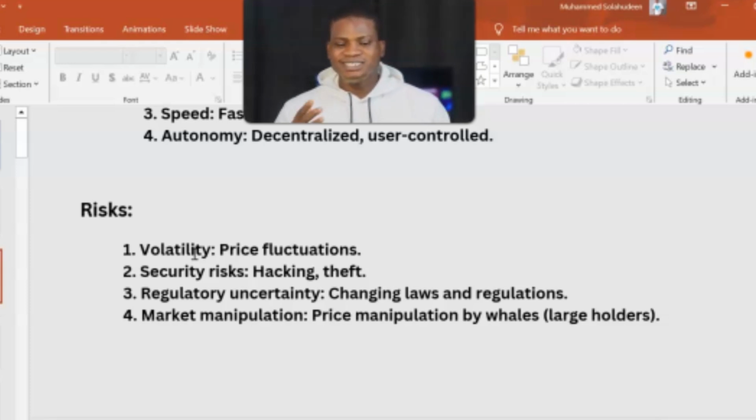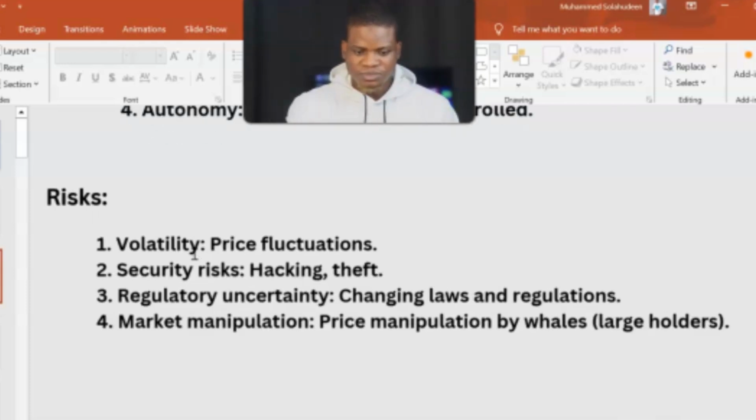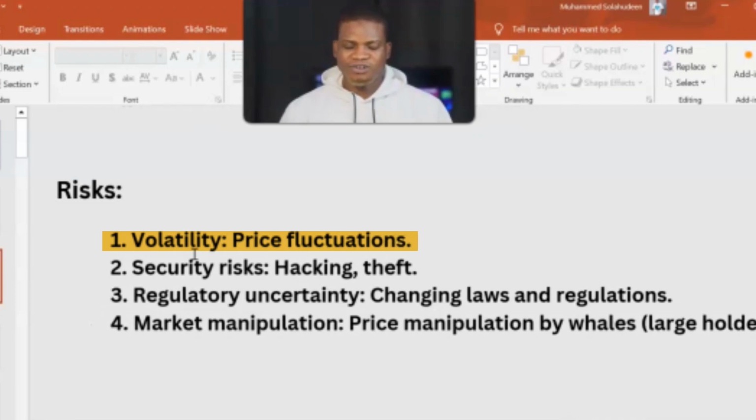So now, what are the risks associated with cryptocurrency? The first one is volatility. Cryptos are highly volatile. Bitcoin price can be $62,000 today, and it can be $55,000 tomorrow, and even way lesser. And it can also be $52,000 today and $100,000 tomorrow or next week.